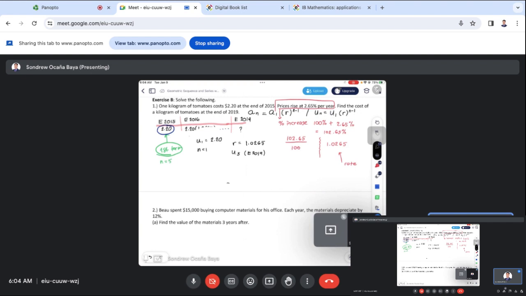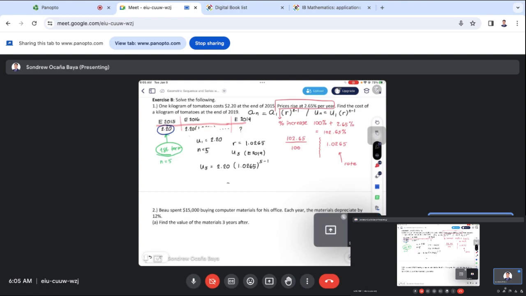Okay, so we now use the formula. So we have u sub 5 is equal to our first term, which is 2.20, multiplied with our rate 1.0265, raised to the power of n, which is 5, so 5 minus 1.